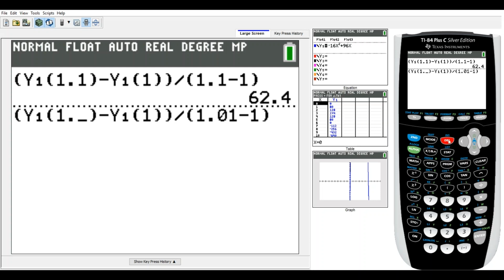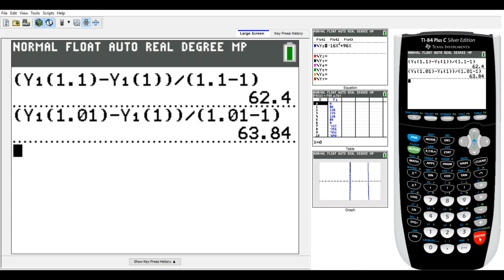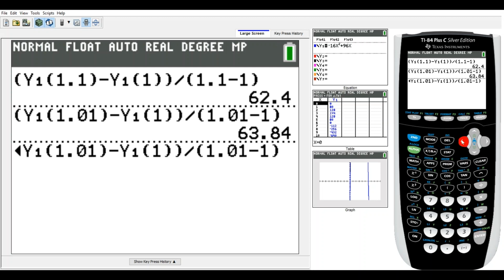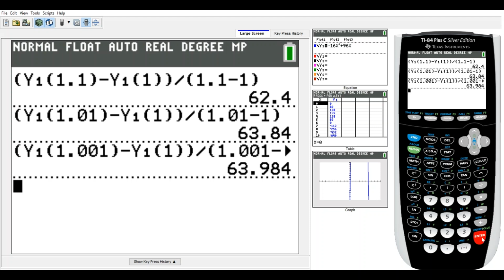There we go. Second insert, put a 0 there, enter. So now the difference is starting to shrink a little bit. So we have 63.84 there now. Let's add in another 0. Second insert. There we go. 63.984.